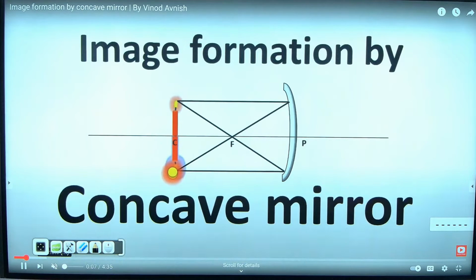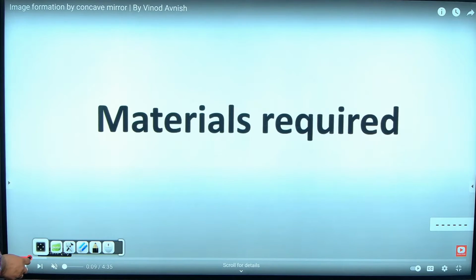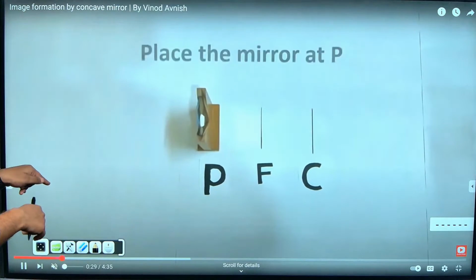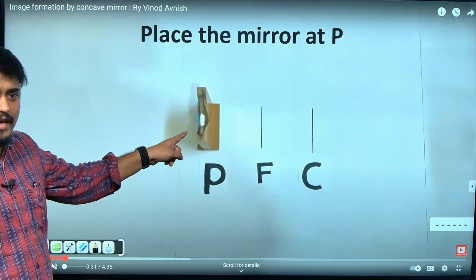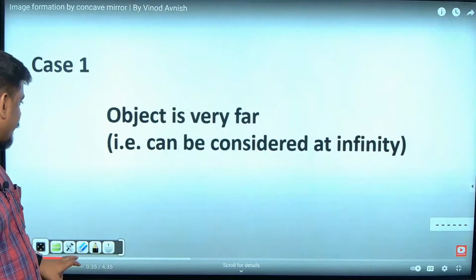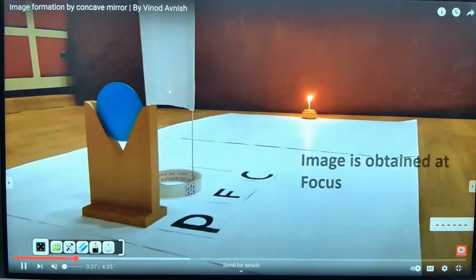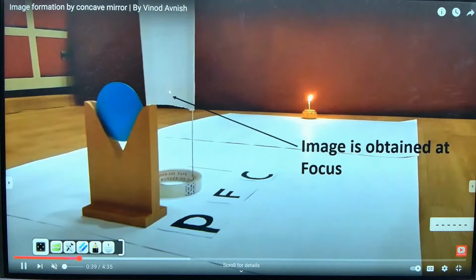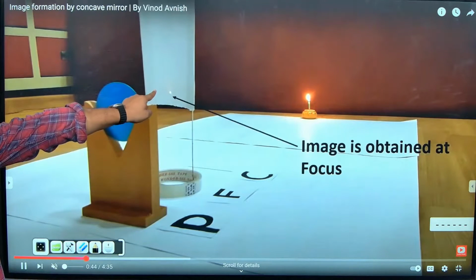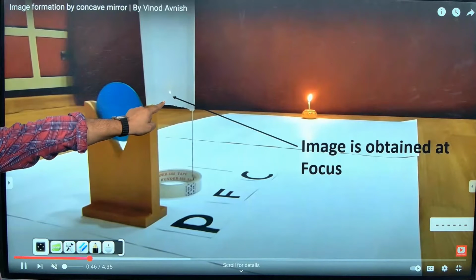So, for concave mirror image formation, I am going to show you some cases. They have done it practically: taken a chart paper, kept a concave mirror, and marked P, F, C, everything. First, the object is kept very far, like infinite. They are seeing an image forming on the screen. How? At the focus, like a dot point, as I said to you.